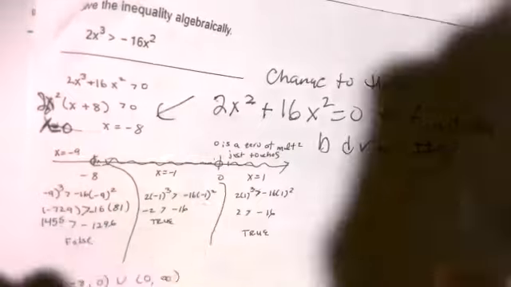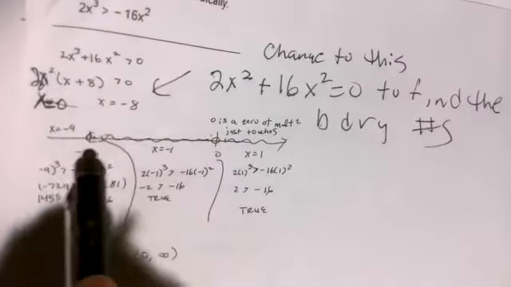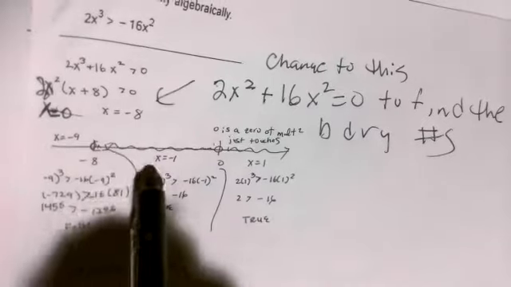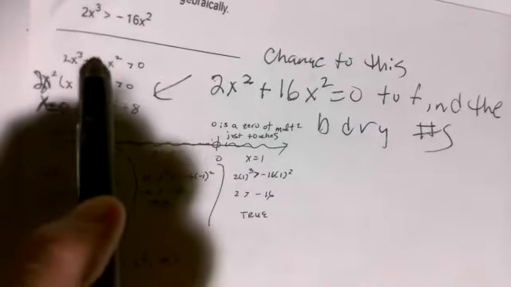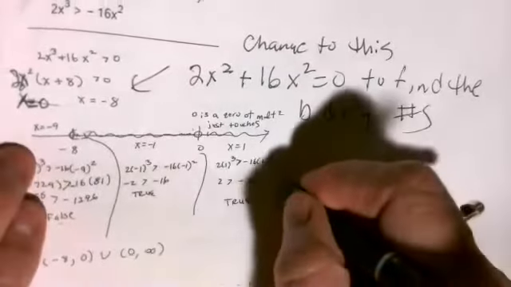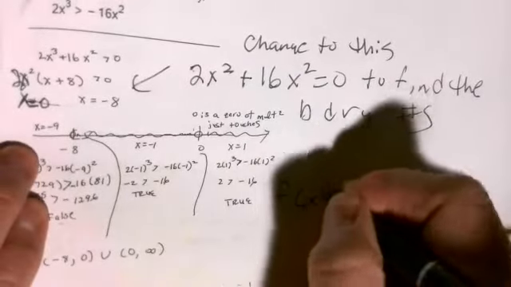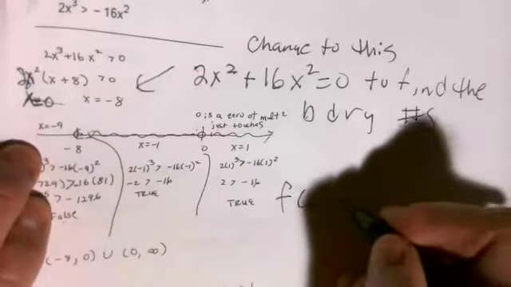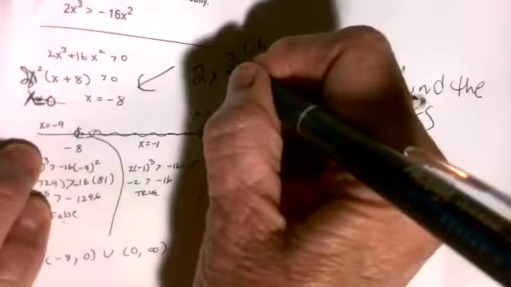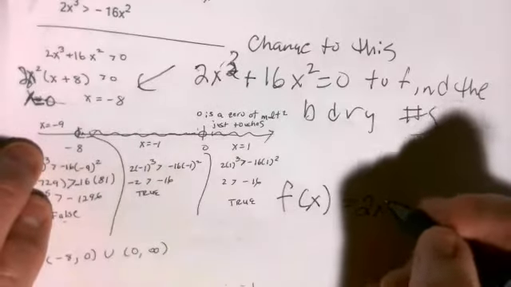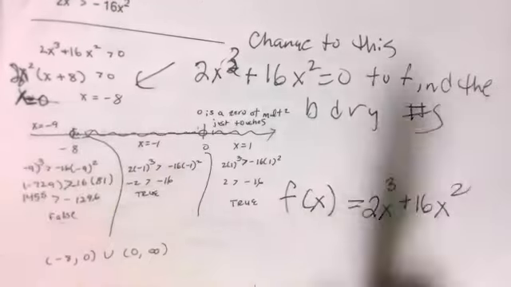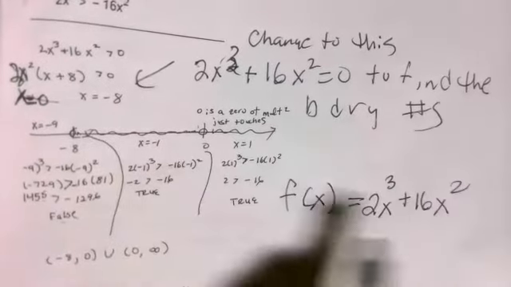And then what the boundary numbers do is they tell us what to plot on this number line. The boundary numbers are really the zeros. If you think of the function f of x equals 2x cubed plus 16x squared, they're the zeros of this function.